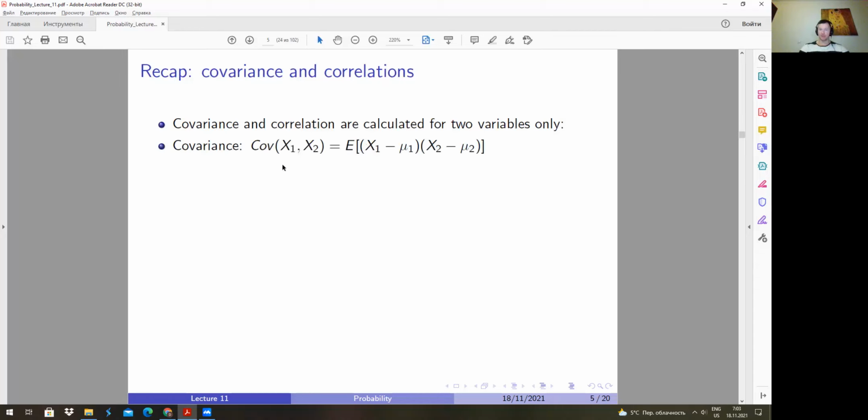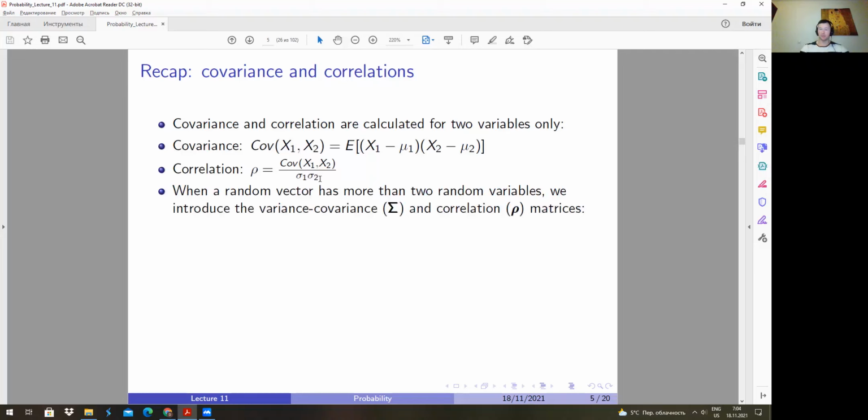So the covariance is defined as the expectation of the product of deviations of the random variables from their expectations. And the correlation is defined as the fraction of covariance and the product of standard deviations.